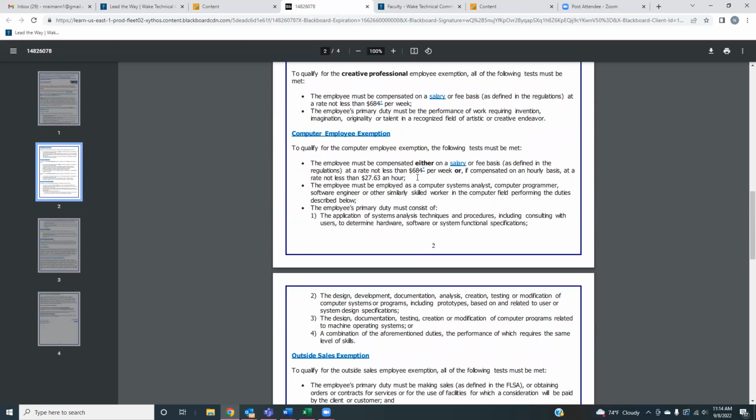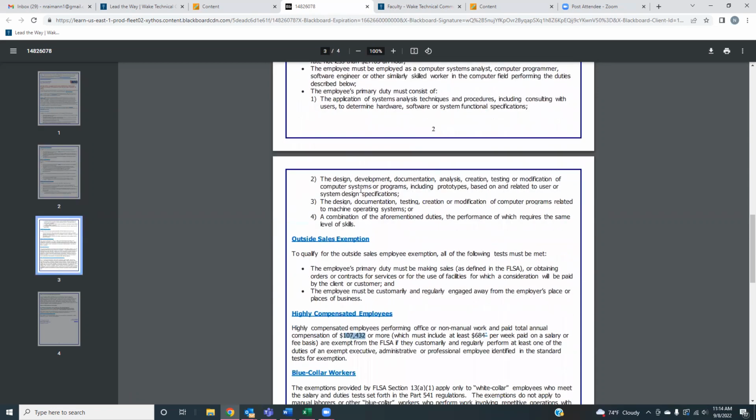They have to qualify based on their $684 or $27.63 an hour. And most of your computer employees now are making well above that. So that's no problem for them to qualify, because a computer employee does not typically have manual labor. They sit at their desk, right? And they're coding away or they're developing or whatever it is that they're doing at their jobs.